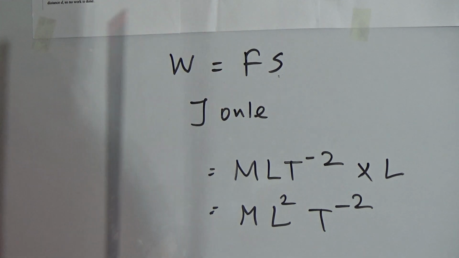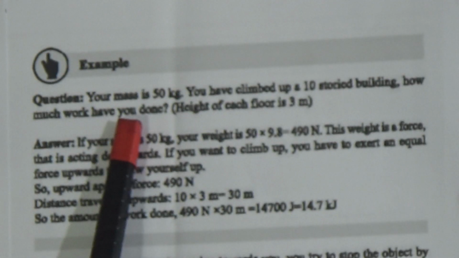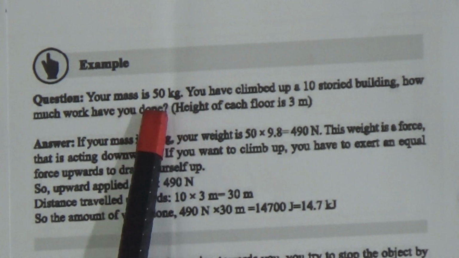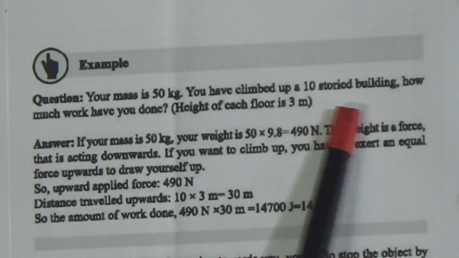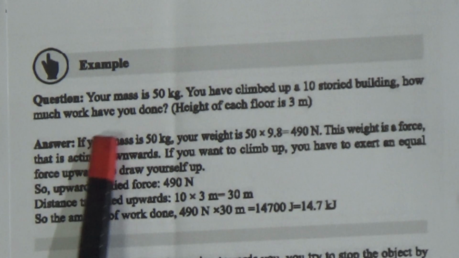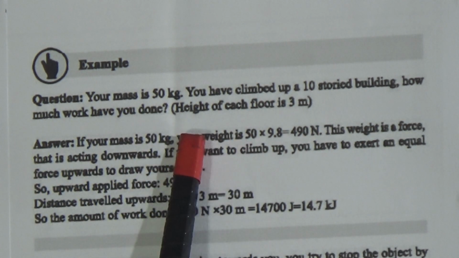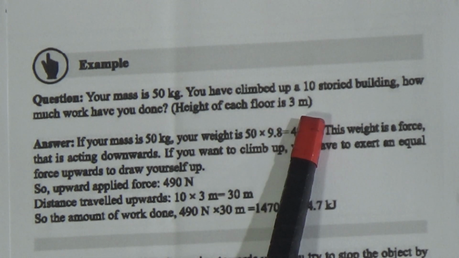Okay, my dear students, now come to here. This is a mathematical problem, but this is important for MCQ. Your mass is 50 kg. You have climbed up a 10-story building. How much work have you done? Here given, height of each floor is 3 meter.